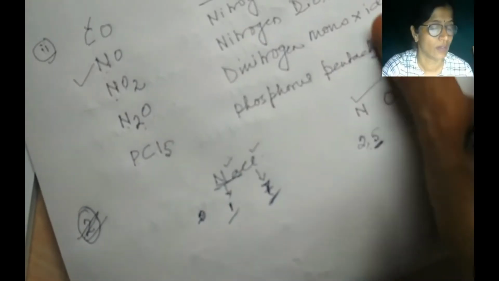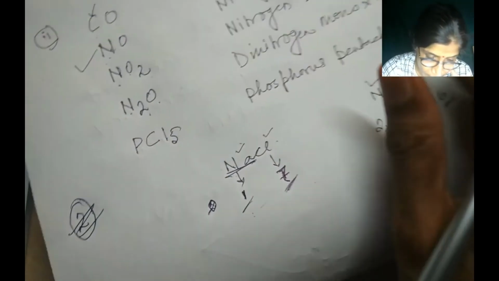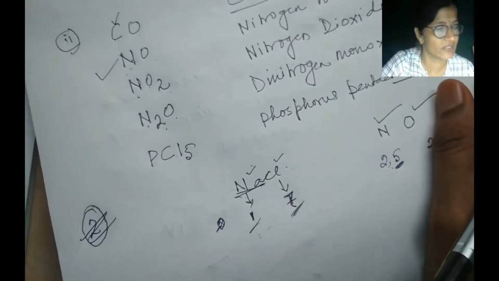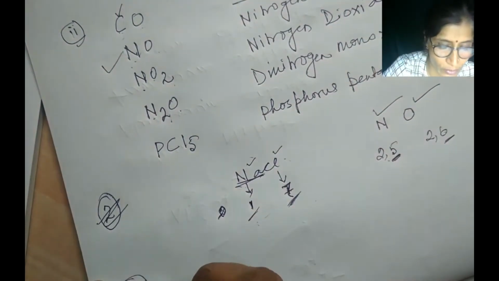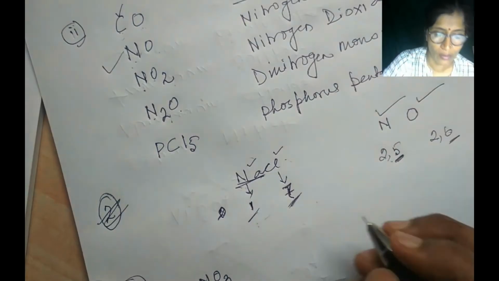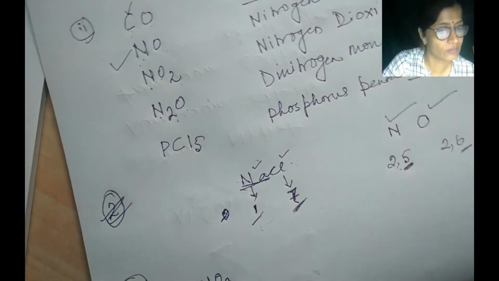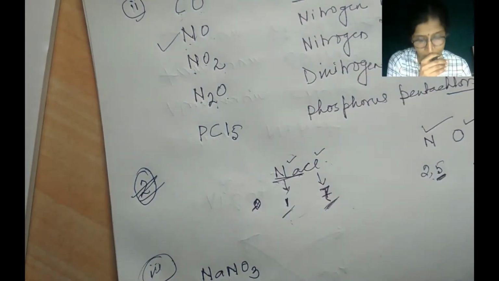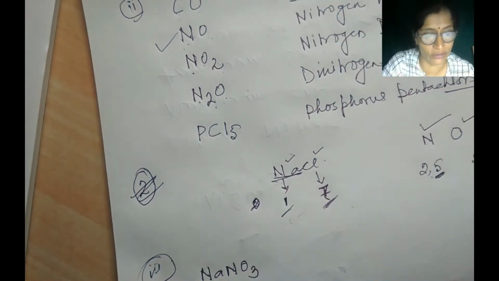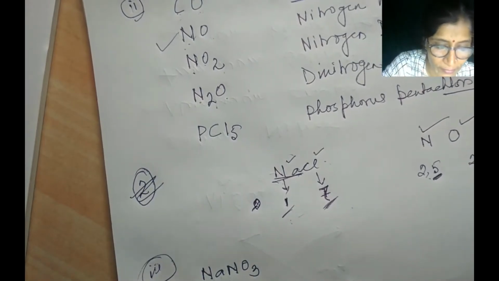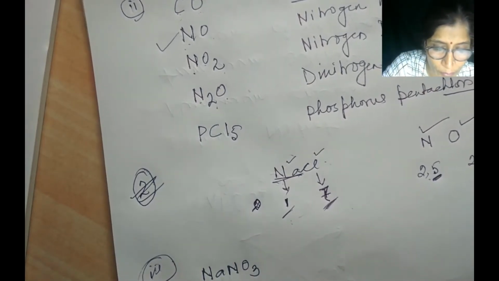Next, third, I'll discuss naming the compound when it consists of 3 elements. For example, NaNO3, and one of which is always oxygen. NaNO3, and I have written NaNO2.